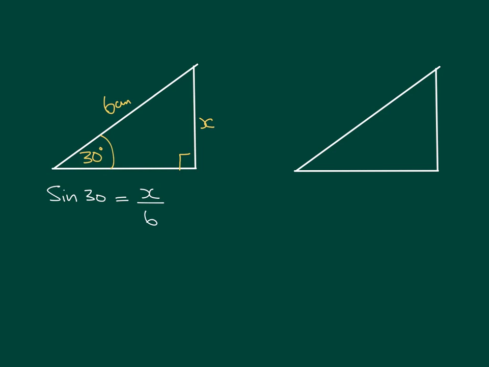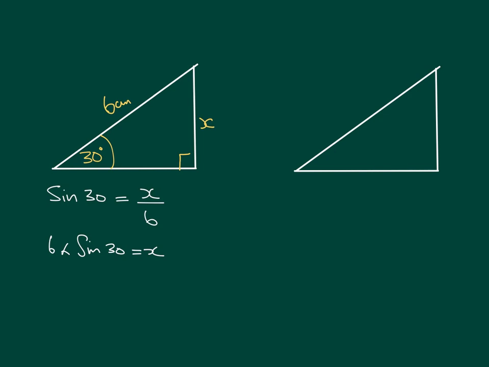As you can remember from our table, sine of, actually before I do that, let me rearrange it. So let's remove this 6 and put it there, so it's dividing, it will multiply. So we're going to have 6 times sine 30 is equal to x.